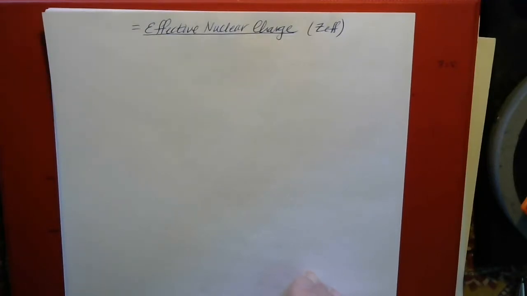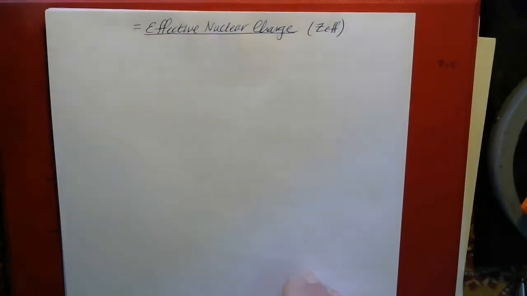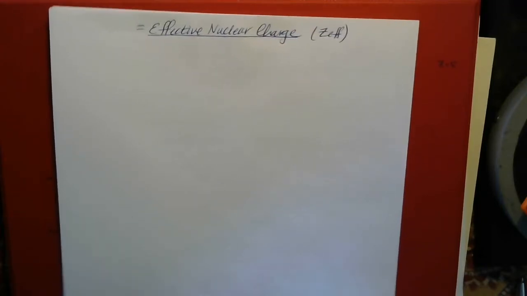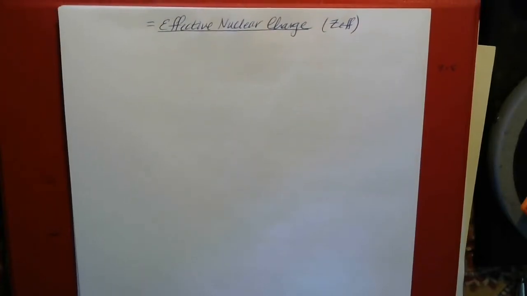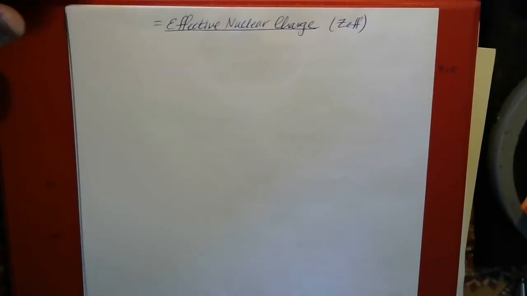Z, of course, being the atomic number, which for any given element tells you how many protons there are in the nucleus. So Z, the atomic number for any given element, is also the charge on the nucleus. And so when we say Z effective, what we really mean is the effective charge on the nucleus. That is the amount of charge from the nucleus that's actually being experienced by outer electrons.